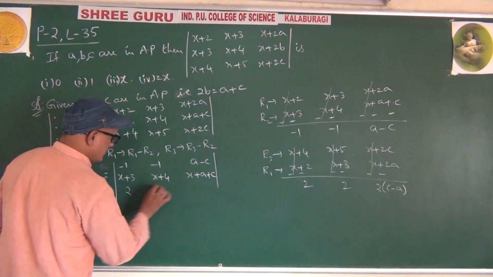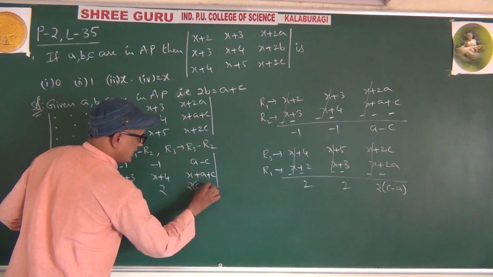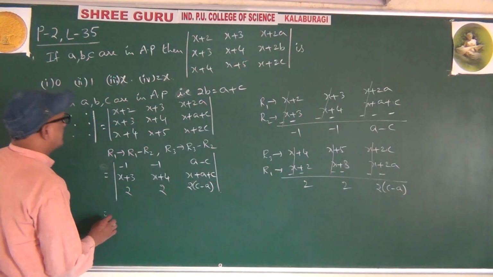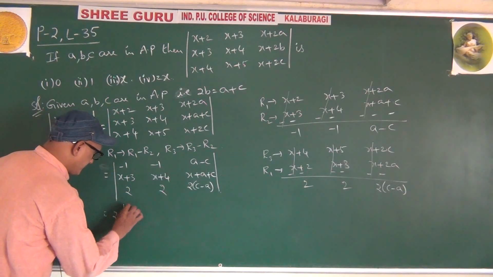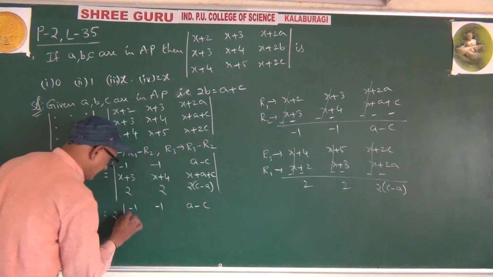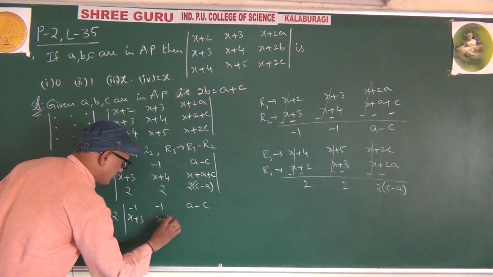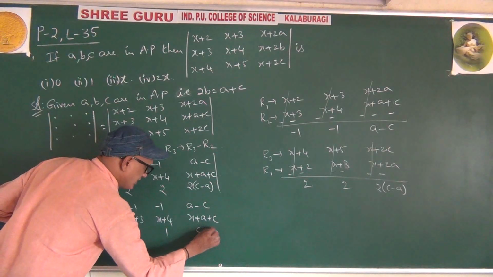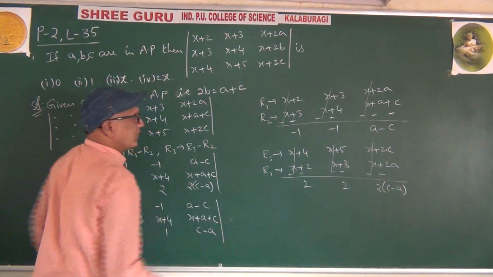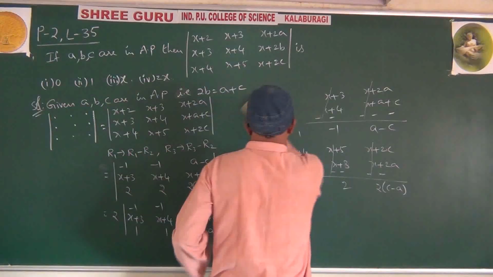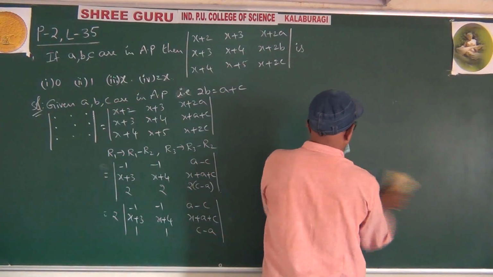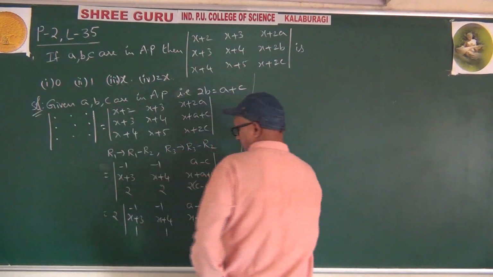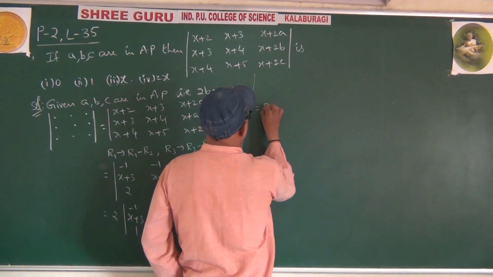So 2 common from the last row: 2 into c minus a. The first row is minus 1, minus 1, a minus c, and the second row is x plus 3, x plus 4, x plus a plus c. 2 went out, so 2 is outside, equals 2 times.